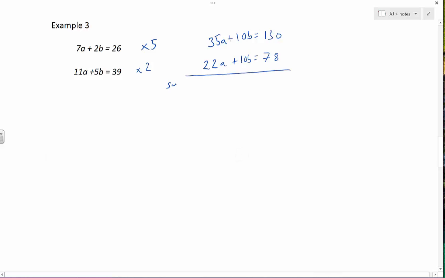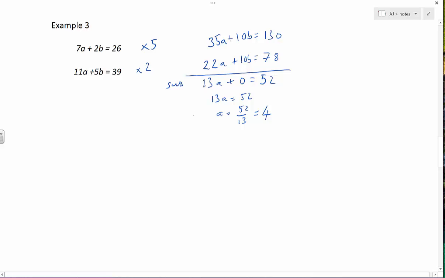If we subtract the two equations now, 35a minus 22a will leave 13a. The 10b take away 10b will disappear, and 130 take away 78 will be 52. So we have 13a equals 52, so a is 52 divided by 13, which is 4.